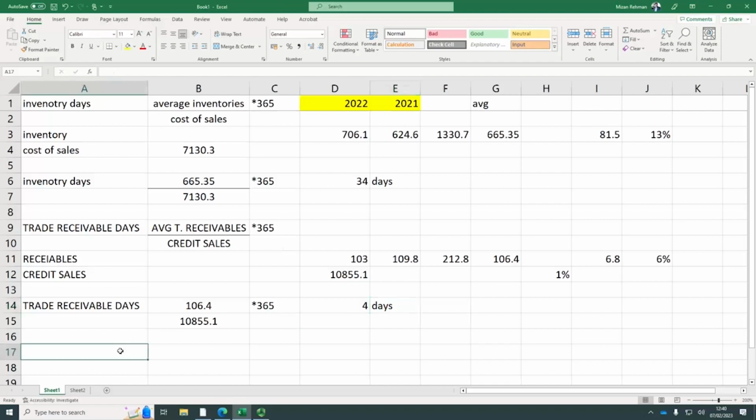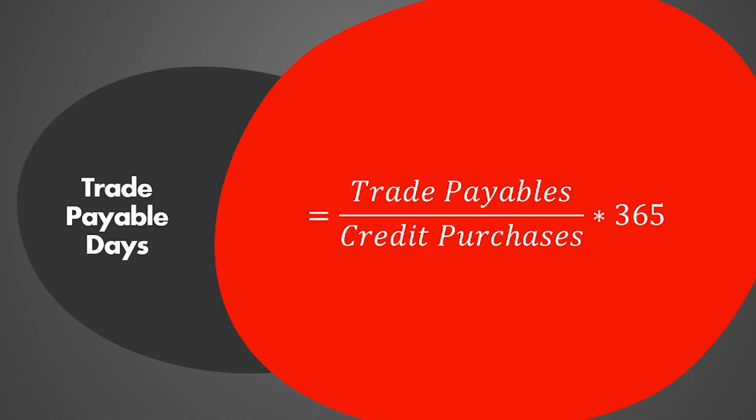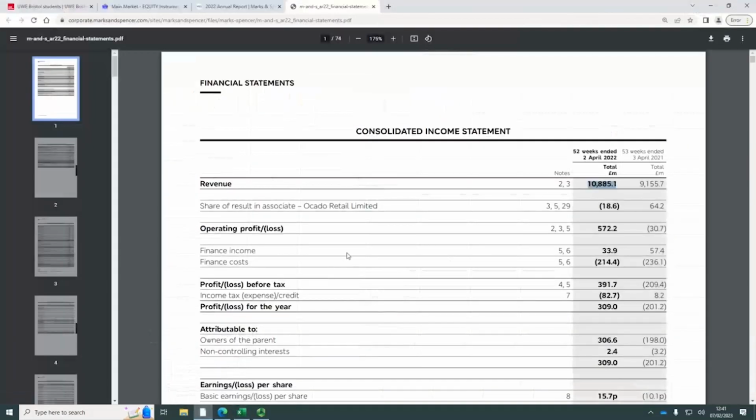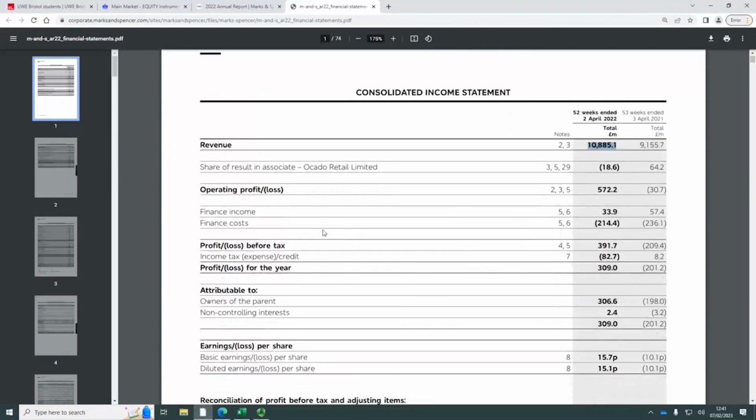The final is our trade payable days. I need trade payables divided by my credit purchases times 365. So trade payables for 2022 is a SOFP item.